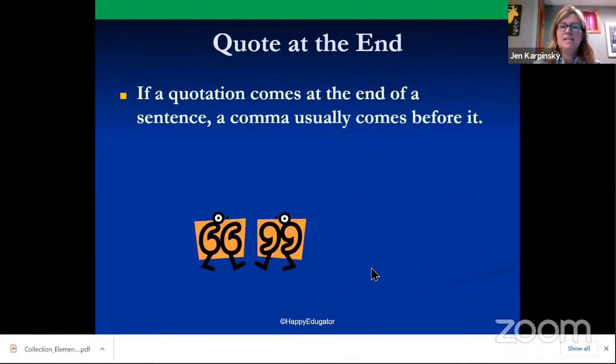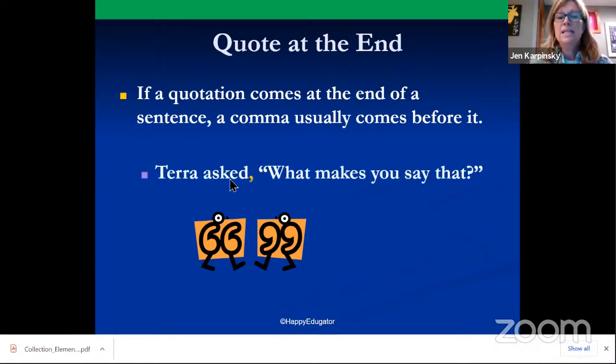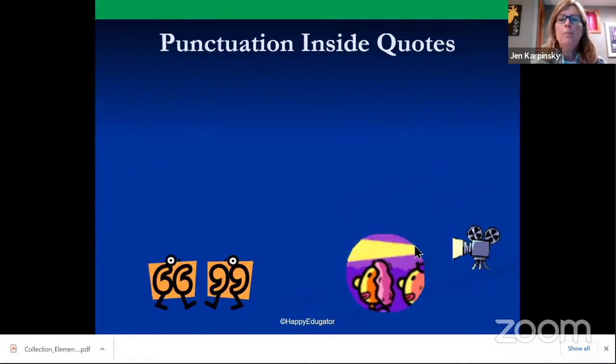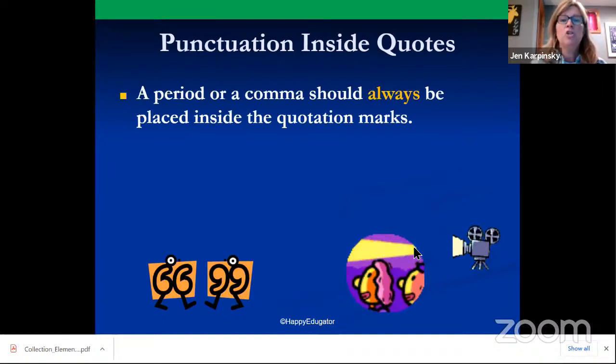What if it's at the end of the sentence? If a quotation comes at the end of the sentence, a comma usually comes before it. Ask, comma, "What makes you say that?" Remember, she's got the capital W, the question mark inside the quotation marks. Punctuation inside quotes: a period or comma should always be placed inside the quotation marks. "Okay.